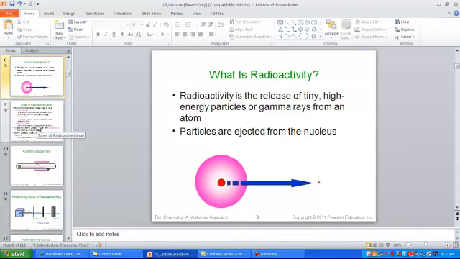So thinking about categorizing types of radioactivity into alpha decay, beta decay, and gamma ray emission. We will also look at positron emission and a process known as electron capture. So each of those will be discussed one at a time.